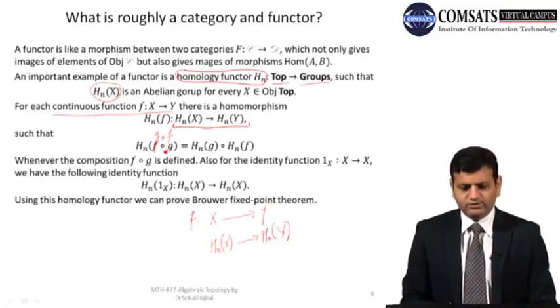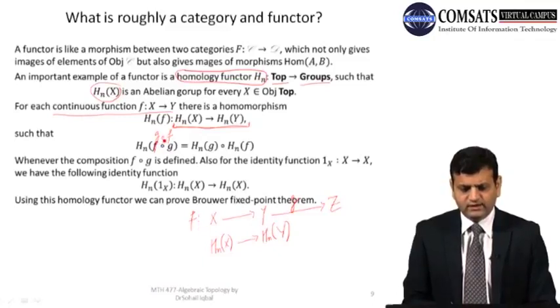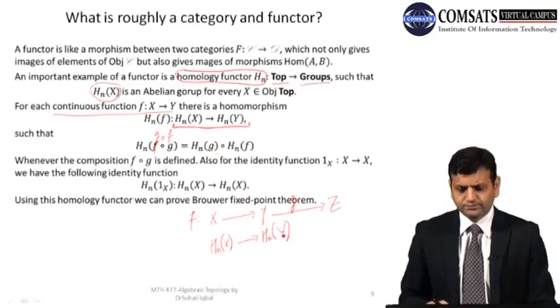So what about the composition? If we have a function f and a function g, of course continuous functions, where f is a function from X to Y and g is a function from, let's say, Y to Z, then we can take the composition of f and then g. What does this homology functor do with the composition?